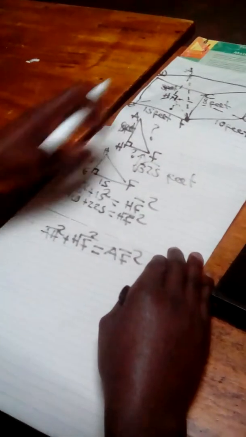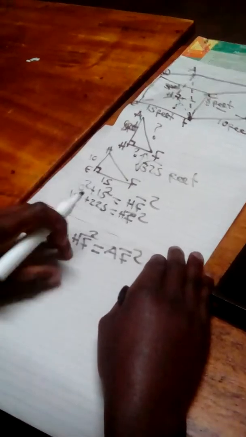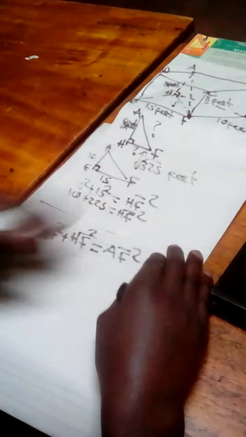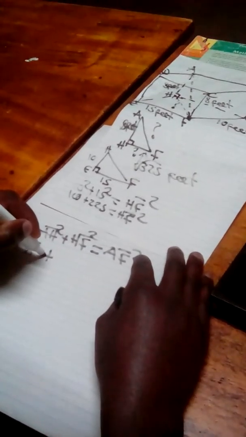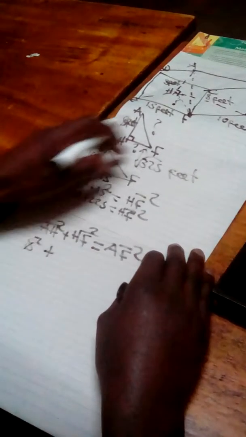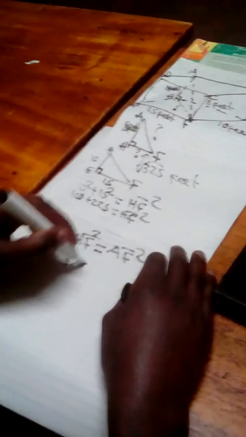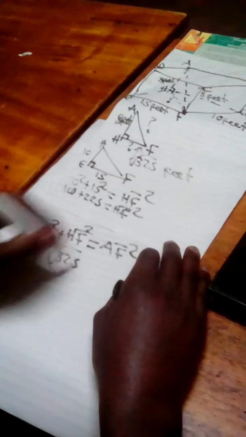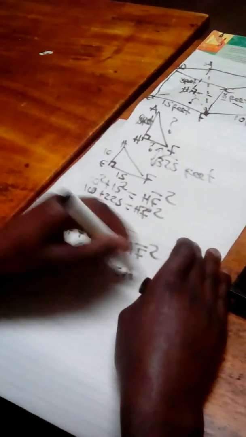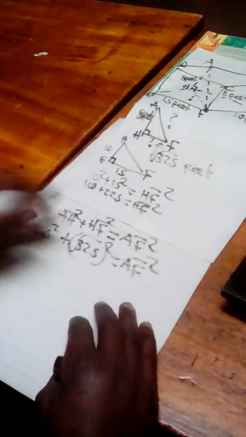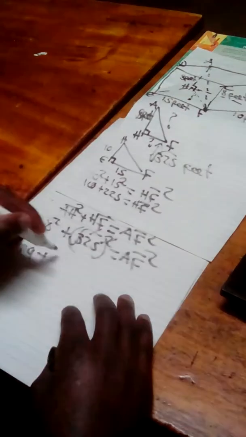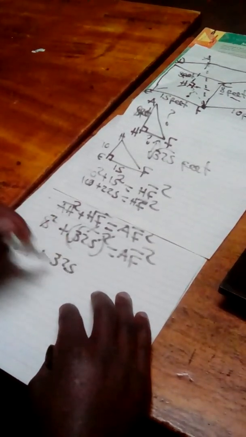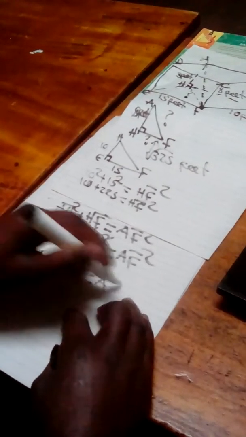The sum of squares of the adjacent sides equals the square of the hypotenuse. So this is 8 squared plus HF, which we found to be the square root of 325, squared, equals AF squared. This gives you 64 plus 325, and you will have AF squared here.